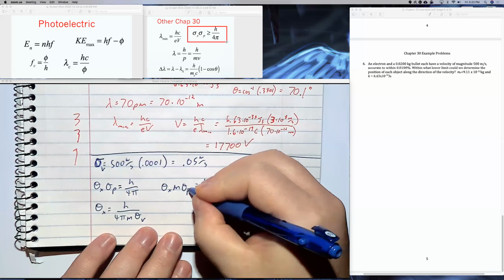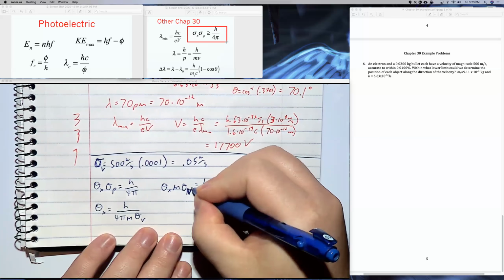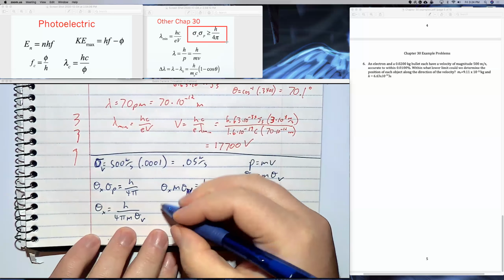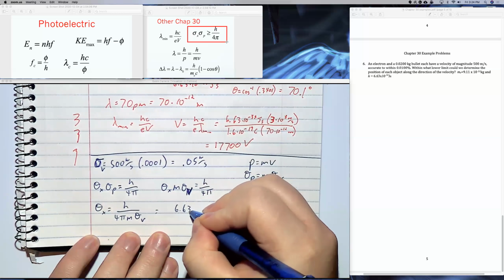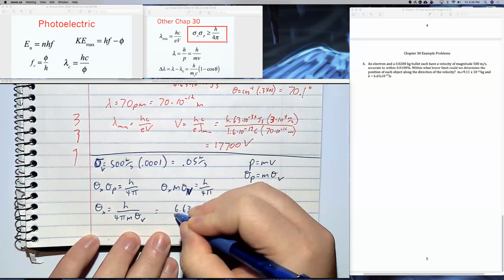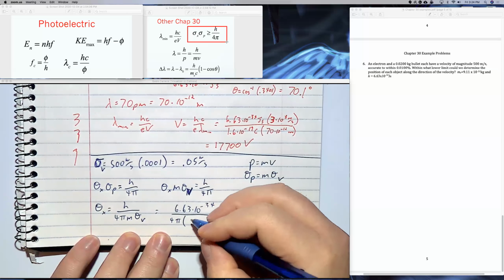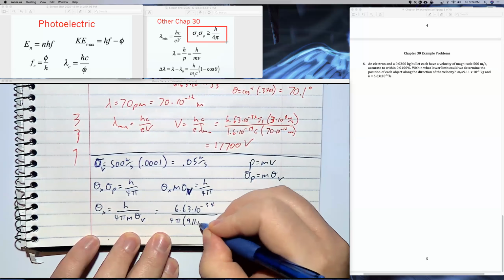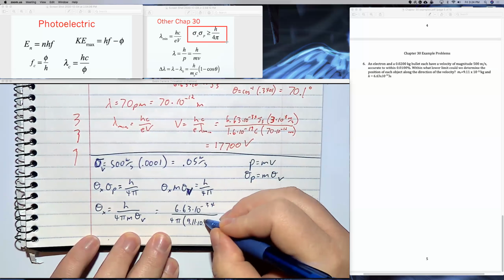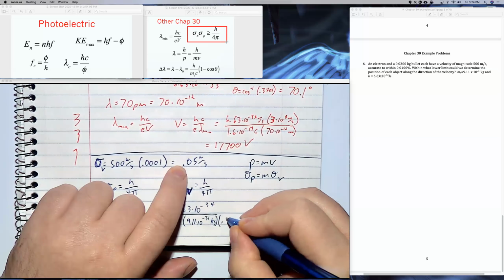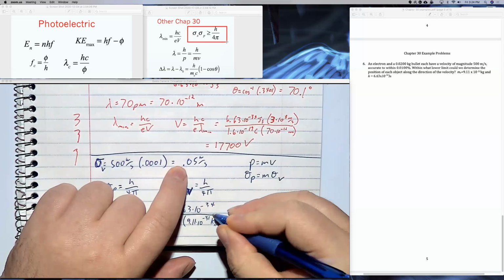Oops. I left that as a p. And so it would be 6.63 times 10 to the negative 34th over 4 times pi. Let's do the electron one. 9.11 times 10 to the negative 31 kilograms times 0.05 meters per second.